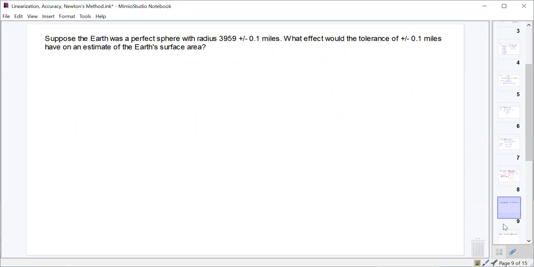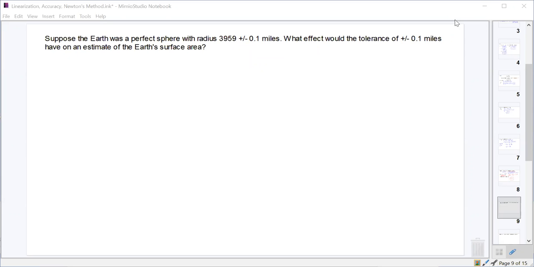Are you all ready? We're going to pretend that the Earth is a perfect sphere, even though we all know that's not true. We all know that the Earth is really flat, right? We're just going to pretend, for the sake of fake science here, that the Earth is a perfect sphere. It's got a radius of 3,959 miles, plus or minus 0.1.